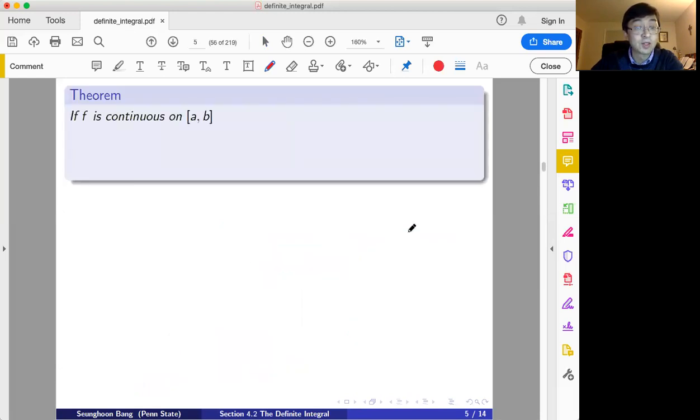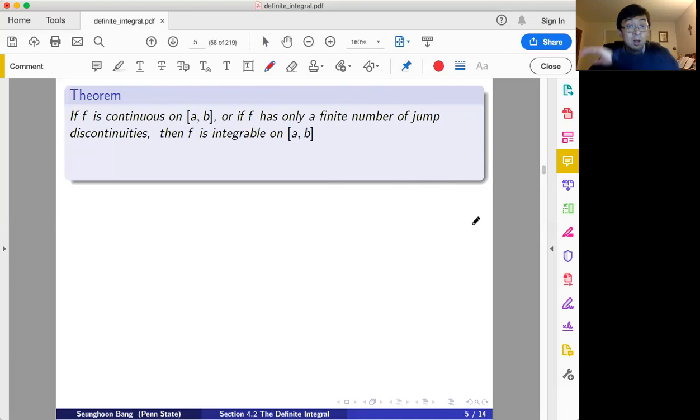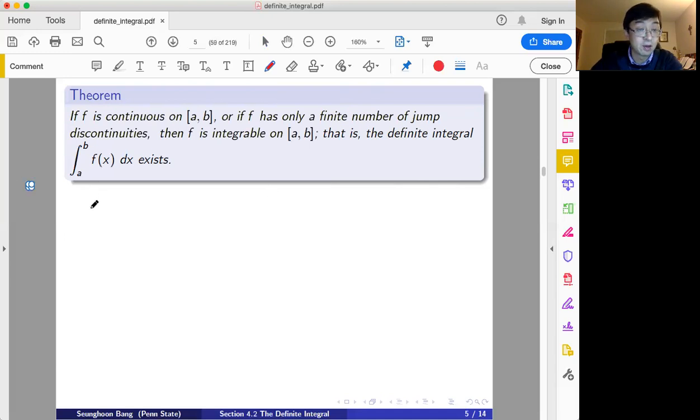Theorem. If the function f is continuous on the closed interval [a, b], or f has only a finite number of jump discontinuities, then f is integrable on [a, b]. The definite integral exists. Does it make sense? I can show it geometrically. The graph is continuous from here to here.